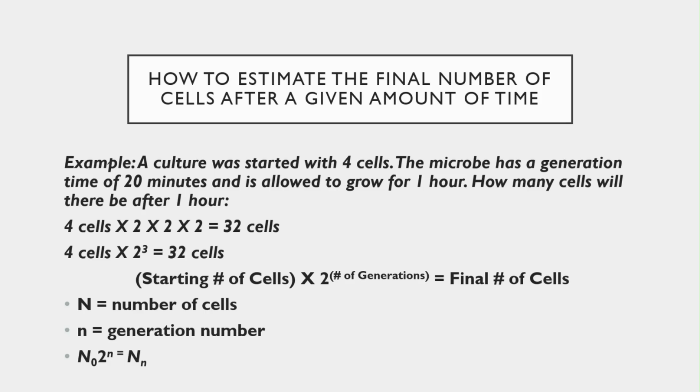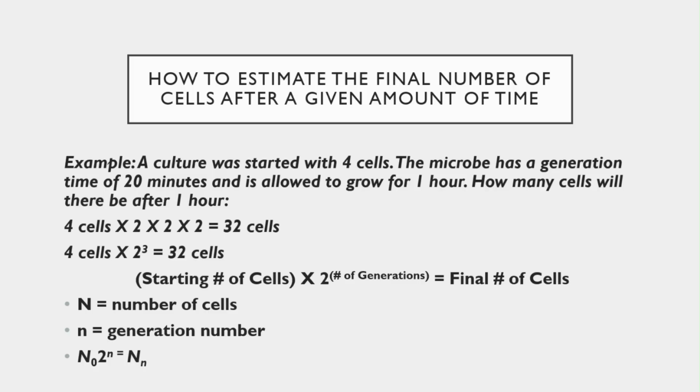So how to estimate the final number of cells after a given amount of time? We've kind of gone over this here in the previous slide, but we're going to break it down here. Take a look at the following example. A culture was started with 4 cells. The microbe has a generation time of 20 minutes and is allowed to grow for 1 hour. How many cells will there be after 1 hour? Well, we know that there are 3 20 minutes in 1 hour. 3 times 20 is 60, and there's 60 minutes in an hour.